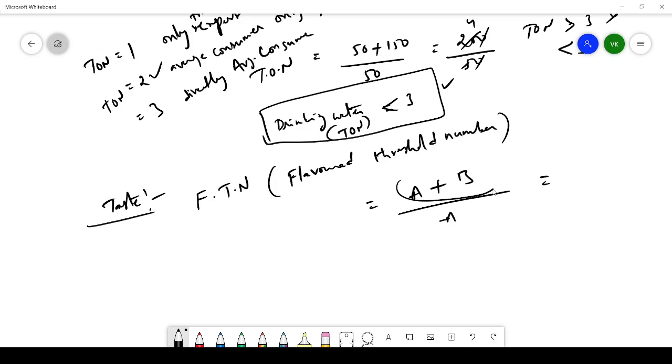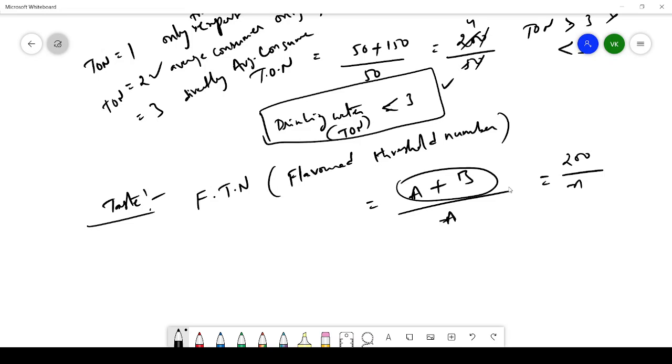A plus B is always constant, it is 200 because the capacity of the jar is 200 ml, divided by the sample size, which is the amount of water you have taken. The FTN value you get is going to express the taste present in the water.